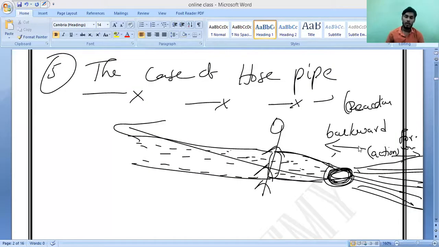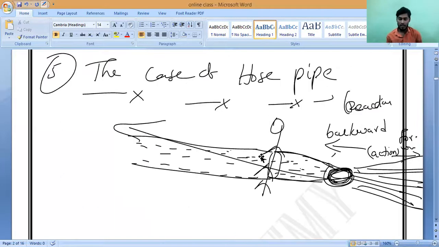So that is what you should remember and write. In the case of the hose pipe, you can draw this diagram simply and write. What is the action?